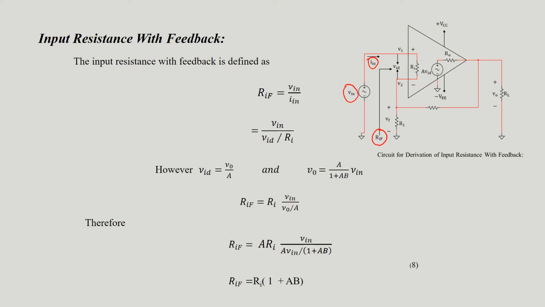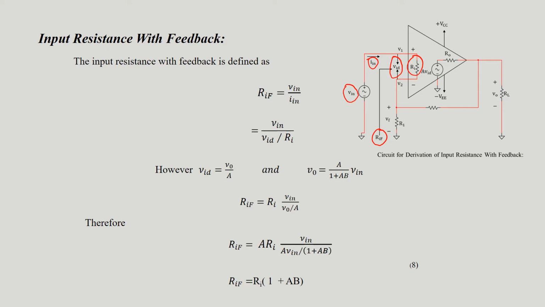The current I in can be calculated from VID, that is the input across the positive and negative terminal of the op amp, and this input is applied to RI, the resistance of the amplifier without feedback, or the open loop input resistance RI.